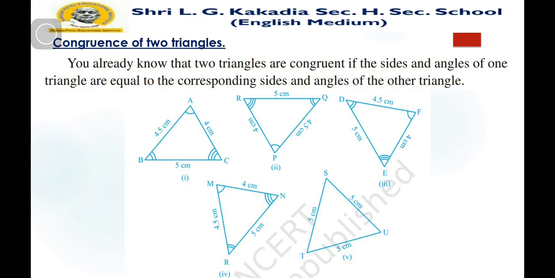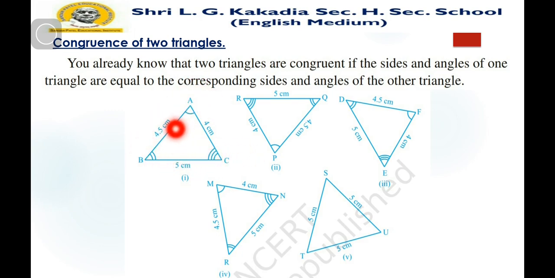As you can see here, we have taken 5 triangles with different vertices and different sizes. Now we want to say which one is congruent to another. We have discussed that if two triangles are congruent, then the sides and angles of one triangle are equal to the corresponding sides and angles of the other triangle. Now take this triangle ABC.